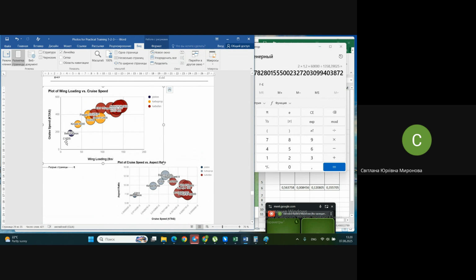Kilogram per square meter of the wing is the so-called specific load to the wing. It's practically the lift, or weight, or some load which works on 1 square meter of your wing.